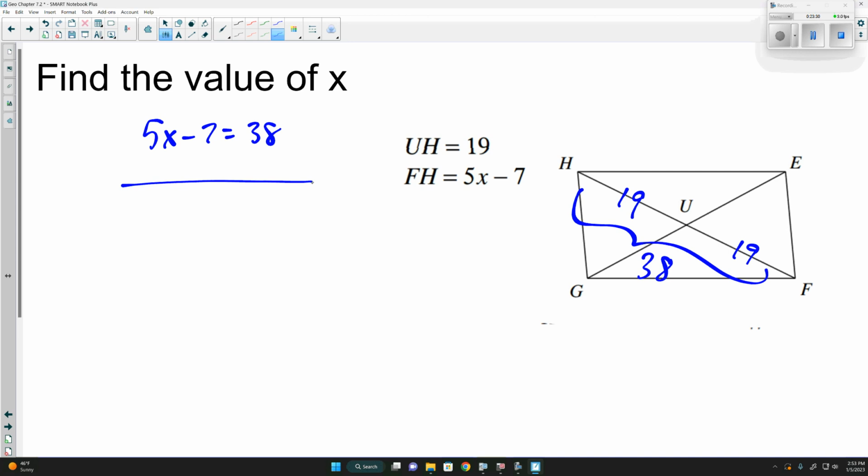So now we just need to solve. So the first thing we can do is add 7 to both sides, yes. So that tells us that 5x is equal to 45.